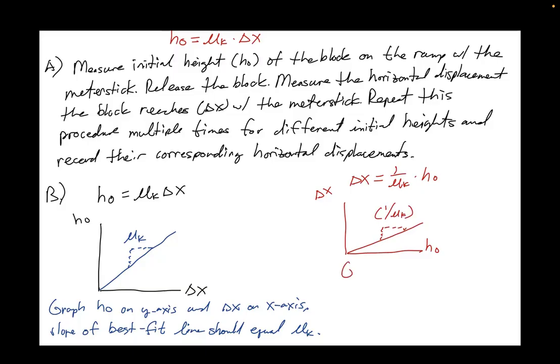So you could also graph h naught on the x-axis, then plot delta x on the y-axis. And in this case, find the slope of the best fit line.